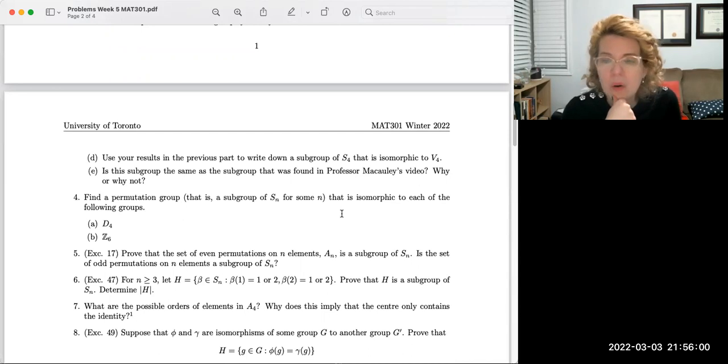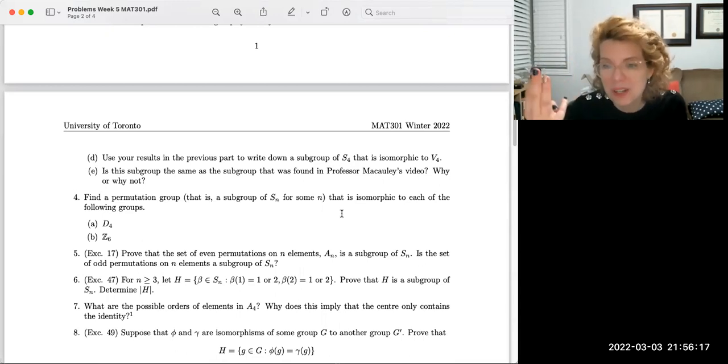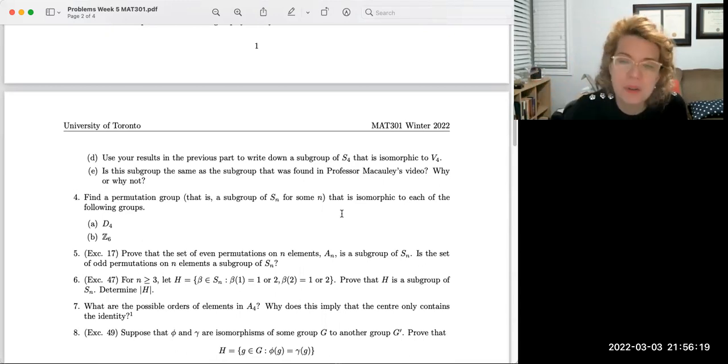Okay, so we can have elements of order 2. Well, I guess the next question is, can we have elements of order 3? We can in fact have elements of order 3, and that's because a 3-cycle can be written as a product of 2-cycles. So a 3-cycle is even as well.